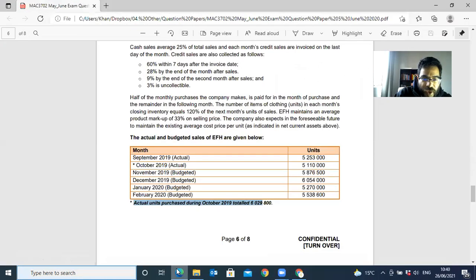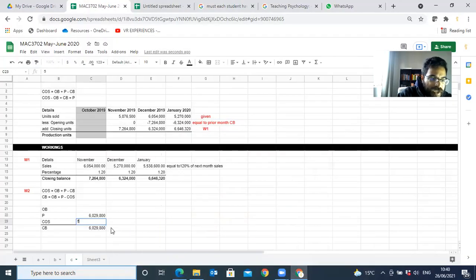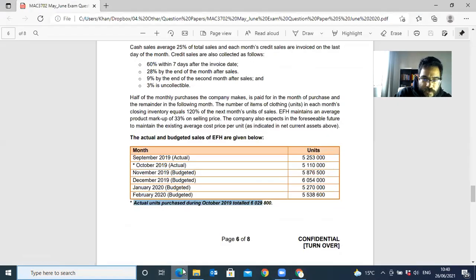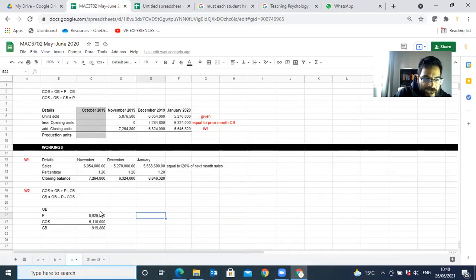I know what they are selling. October's actual sales was 5110,000. Okay. October's opening balance would equal September's closing balance.